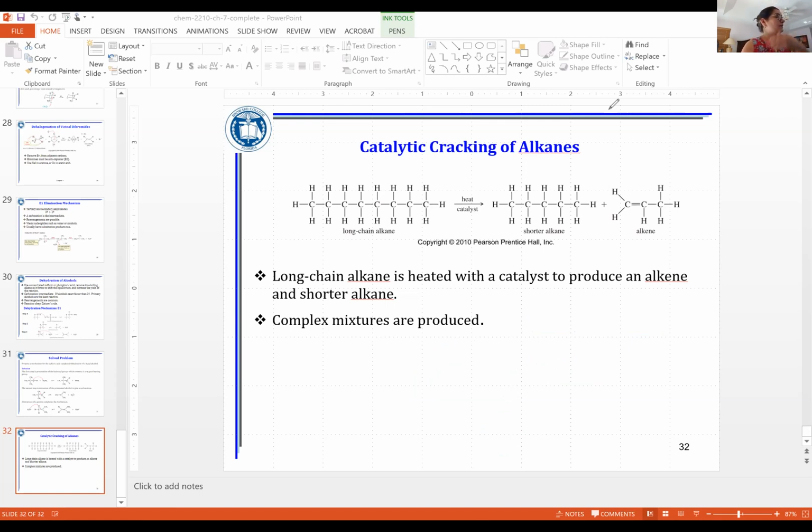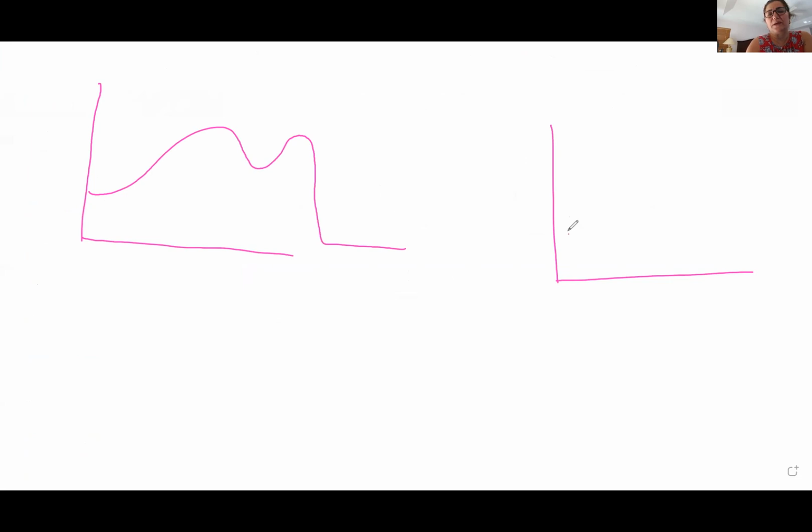There was a question about SN1 and SN2 mechanisms, the difference between the SN1 and SN2. Let me see if I can bring the whiteboard here. For the SN1, you have a 2-step reaction. For SN2, it is a 1-step reaction.